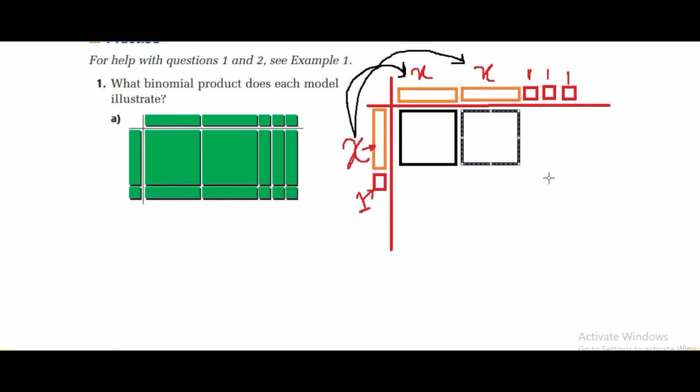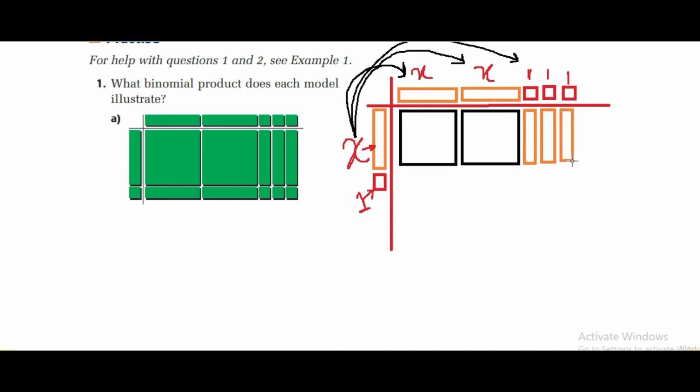Now when you multiply the vertical x with the 1, x times 1 is x, so you get a rectangle, and here the rectangle is vertical. Draw the first vertical rectangle, then multiply the other one, and you get the second rectangle, and then the third rectangle.